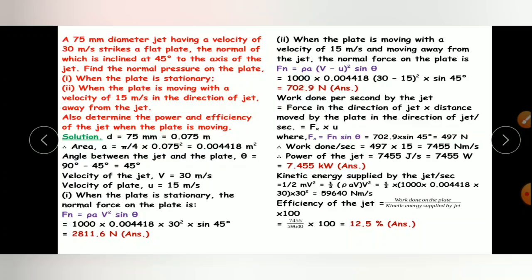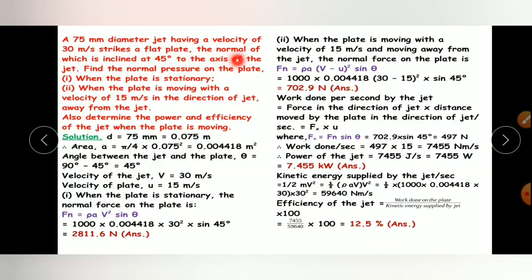Let's write down the given data. Diameter of the jet d equal to 75 mm, dividing by 1000 we get 0.075 meter. Therefore area of the jet A equal to pi by 4 into d square, equal to pi by 4 into 0.075 square, equal to 0.004418 meter square.